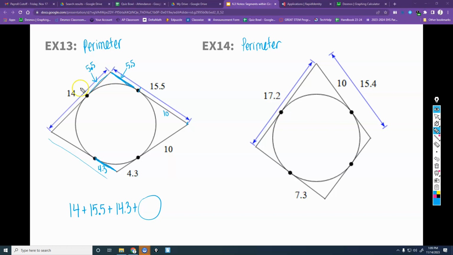What would we do to find this piece? 14 minus 5.5. What's that give you? 8.5. So if that's 8.5, this is 8.5. So this whole side together would be 8.5 plus 4.3, which is going to give you 12.8.